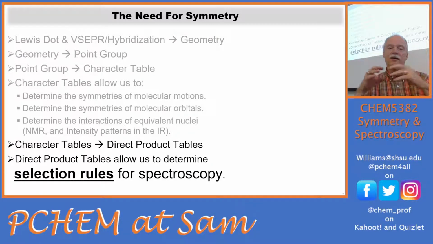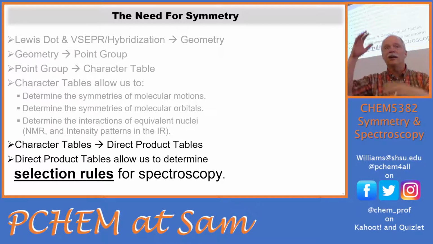We're not just doing those wave function symmetries because we can. Once we get down to the wave function symmetries, now we can see how light can interact with those wave functions. So this is the point of spectroscopy. How does light interact with matter? Matter can vibrate, matter can have electron clouds, and this tells us how light interacts with those things. Once we know the symmetries of those things, we can know when light will interact with this wave function and not that one.